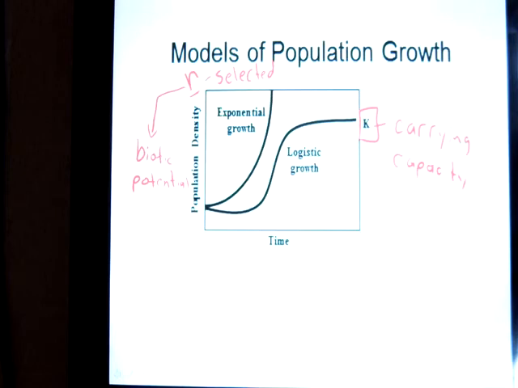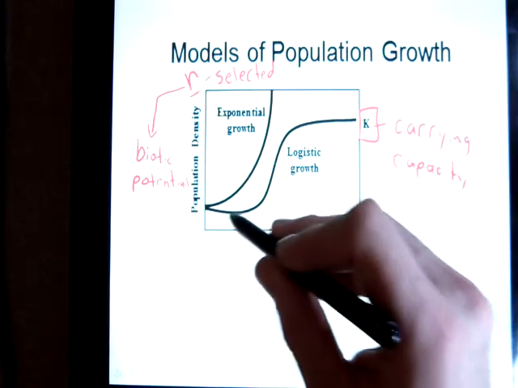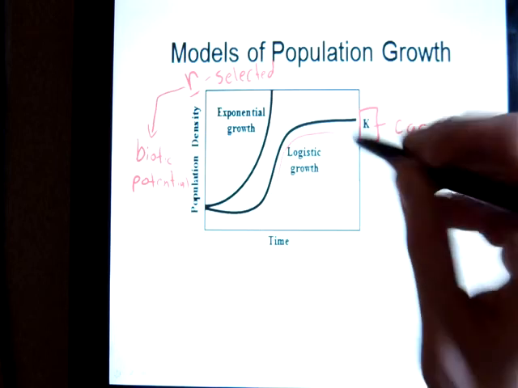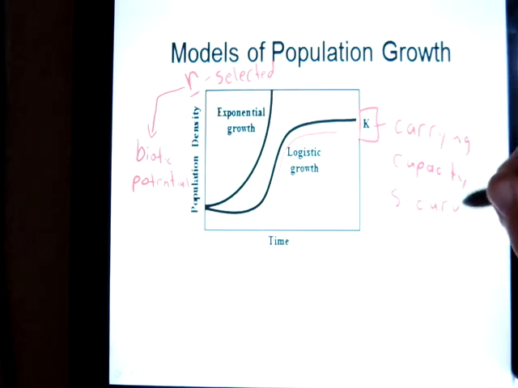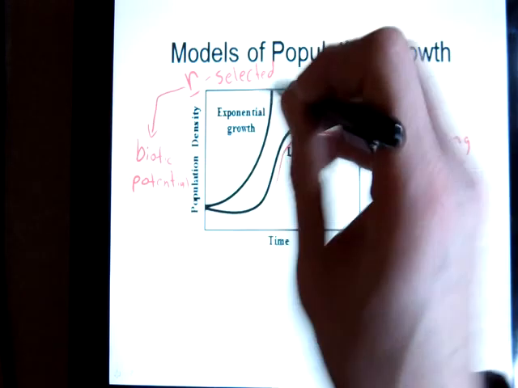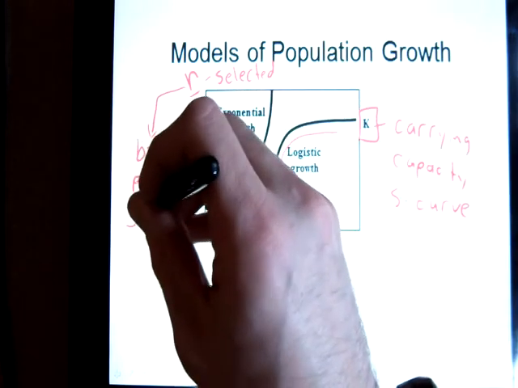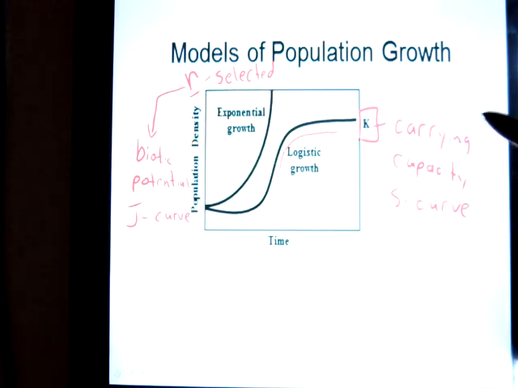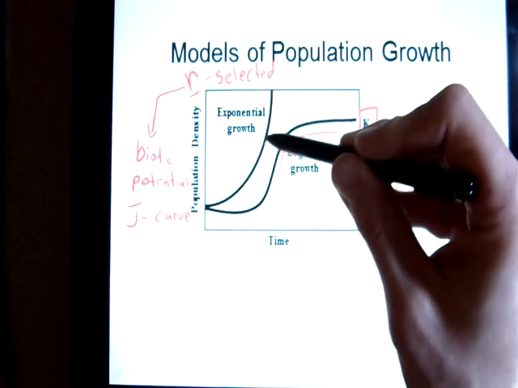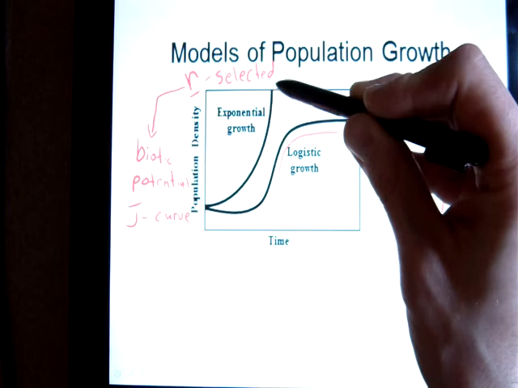One more thing to note, logistic growth, you can see the growth curve kind of looks like a sideways S, so we call that an S curve. Okay, well, exponential growth kind of looks like a J, so we call it a J curve. And one more note to make about exponential growth, and that is that you can recognize that a population can't continue to explode in population forever.